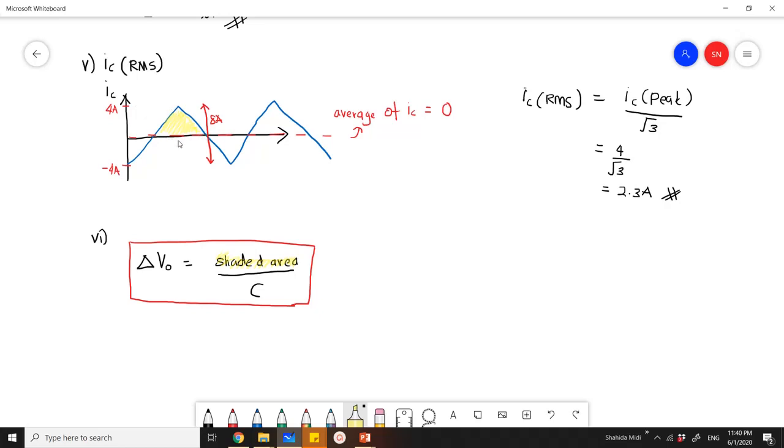For the width, we know that this is on, this is on, and this is off, so that is equivalent to one cycle, one full cycle.